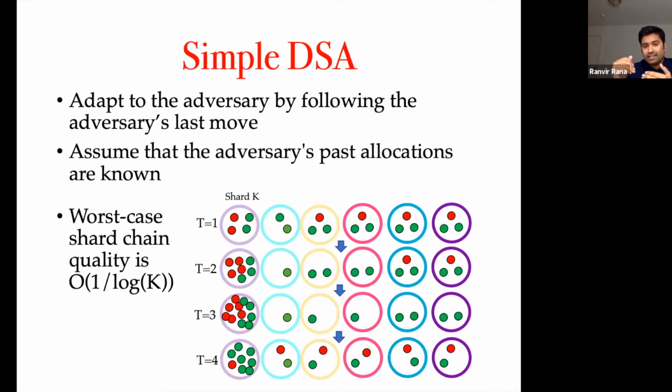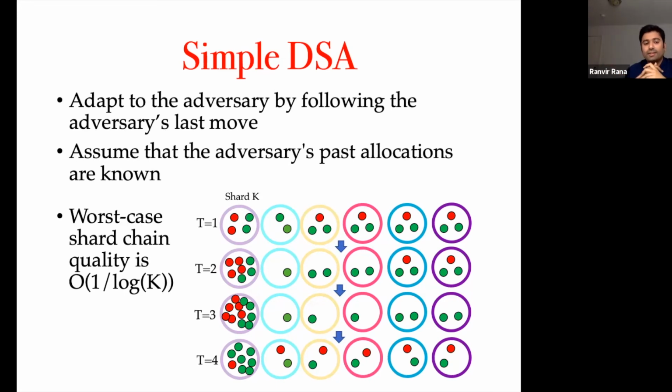Let us assume that an adversary's past allocations are known, and let us treat this as a game. So at a particular time step t equals 1, you observe the adversary allocation. You see that the adversary is now concentrating on shard k. In the next time step, honest nodes reallocate themselves proportionally to how the adversary was allocating itself to this particular shard. And you basically repeat the allocation of the adversary in the previous time step.